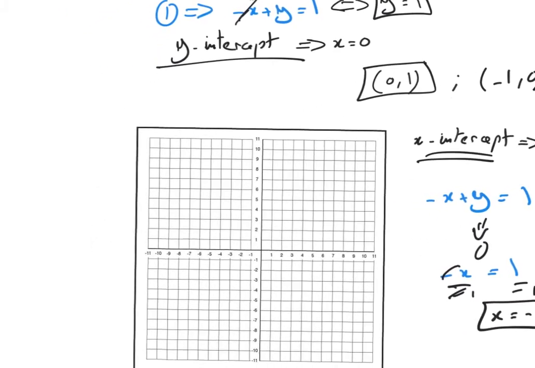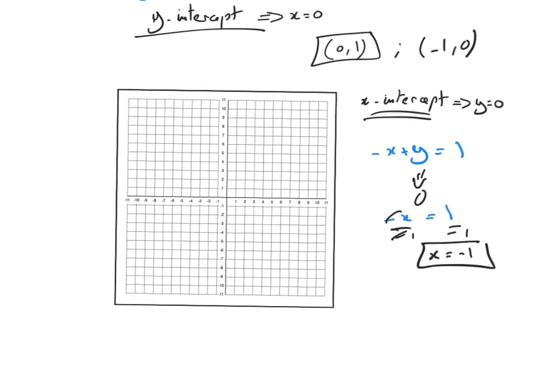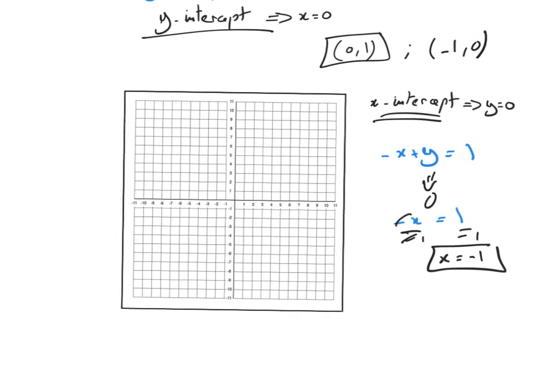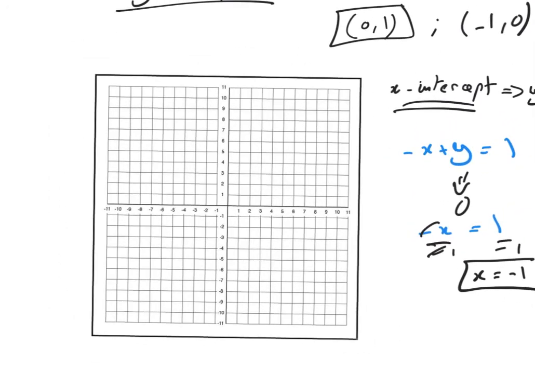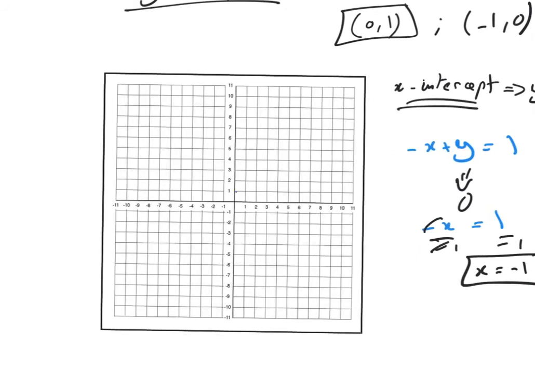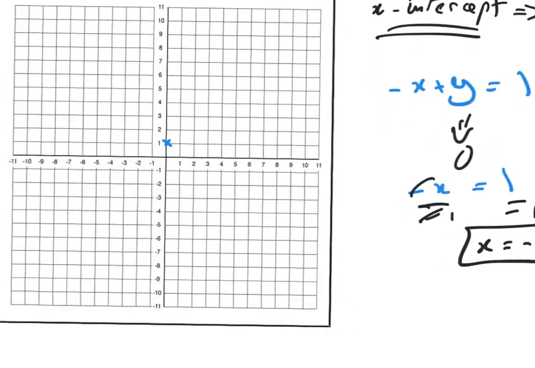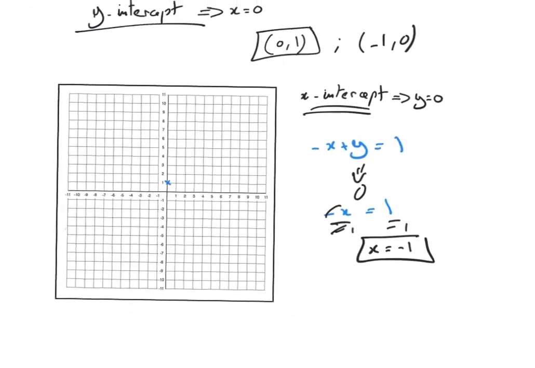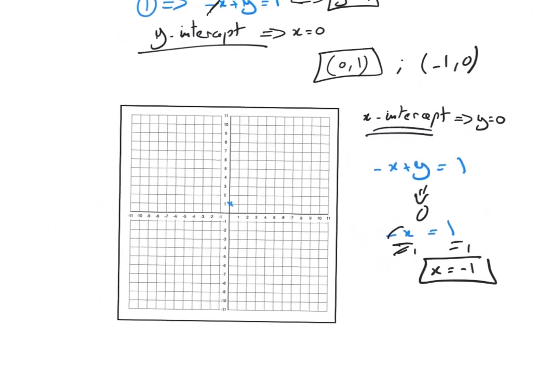So let's plug those numbers into this graph. Let's use the first one, 0 and 1. This is my y-intercept, which is 0 and 1. And the second point will be negative 1 and 0.